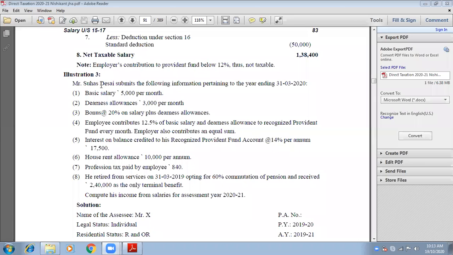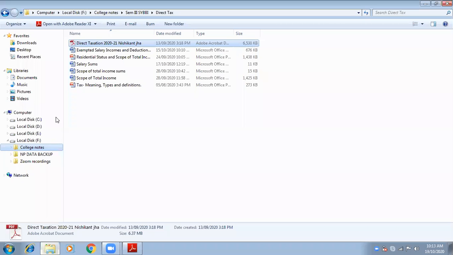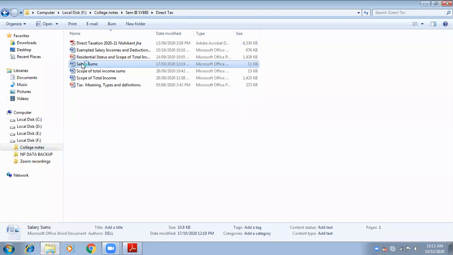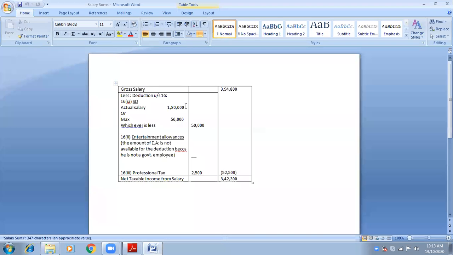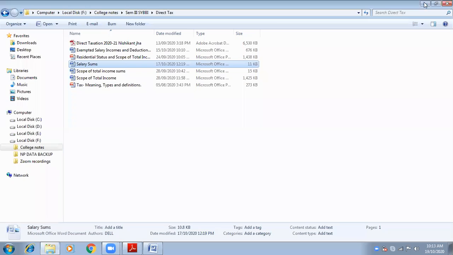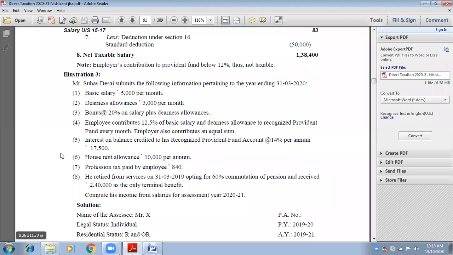Basic salary is 5,000 per month. So, can you tell me, 5,000 into 12? 60,000. Yes. So, it is 60,000 in the outer column. But before writing 60,000, in the particulars column only, you have to make a bracket 5,000 into 12.